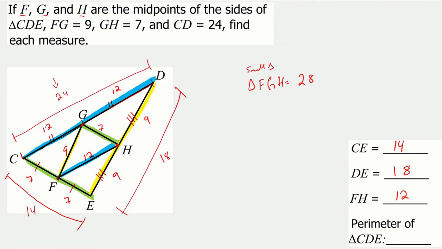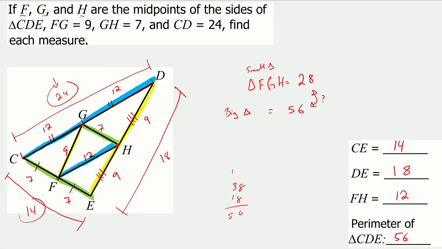And then the perimeter of the big one: we got 24, 14, which is 38. Okay, so 38 plus another 18, that's going to be 56. So the perimeter of the big triangle is 56.